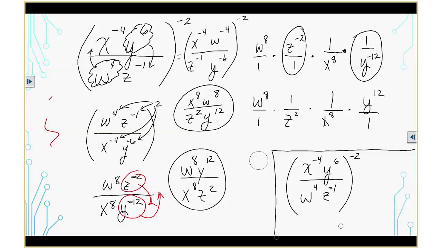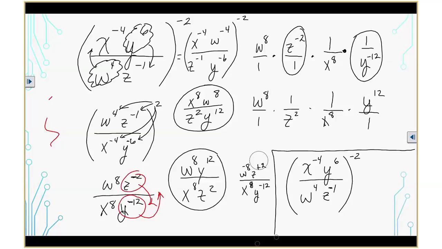I can flip it and make it positive, and that would be W to the 8, Z to the 2, over, skipping a couple of steps, X to the 8 and Y to the negative 12.